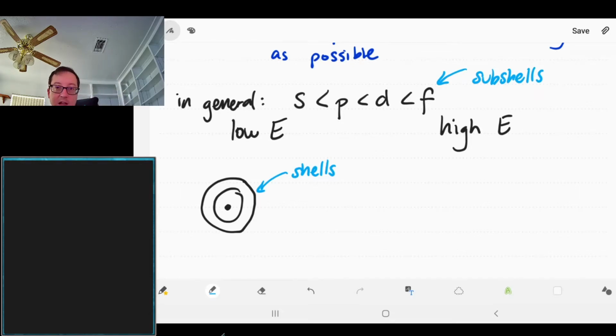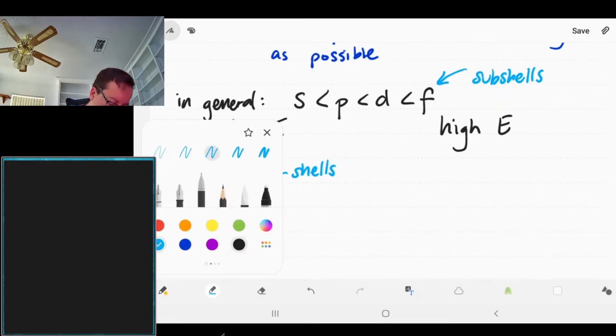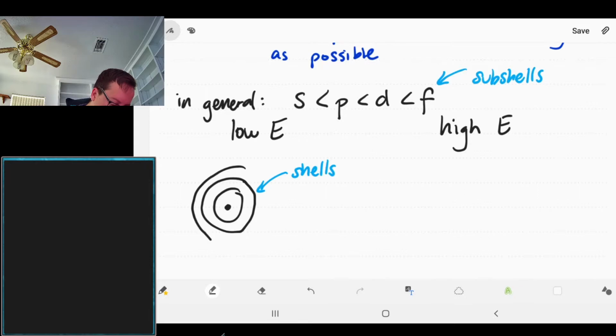Each shell has a certain number of subshells, depending on how big it is. But suffice it to say, with these shells that get progressively uglier the more I draw them, we can see one simple pattern: the bigger your shell is, the farther you are from the nucleus.